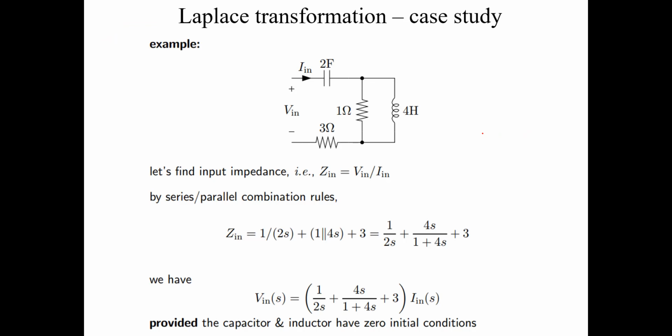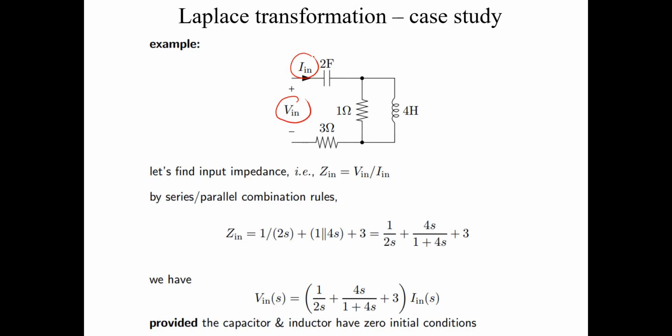Okay, for example, if we have an electrical circuit like this one, we have the input voltage here and the input current here, and then we have a capacitor, an inductor, and a resistor.